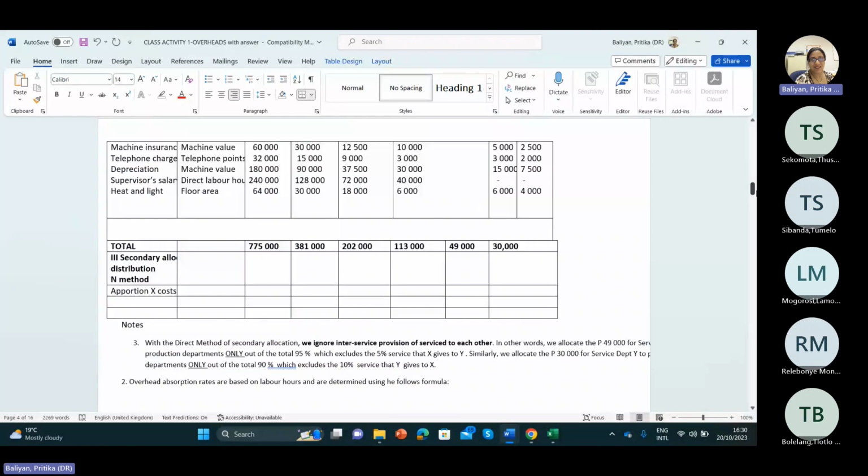Okay, how do we do that? So we start with the service department X. We always start with the department which has the higher cost. So between X and Y, X has the higher cost. So when you are doing for department A, department A is sharing 50%.